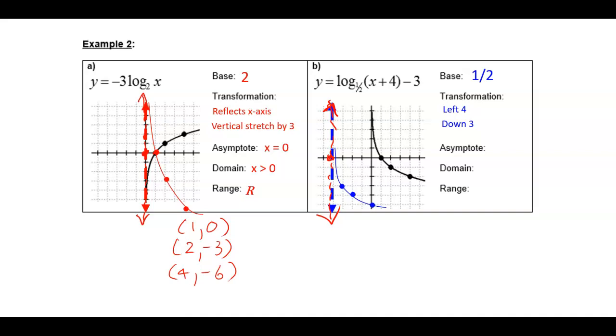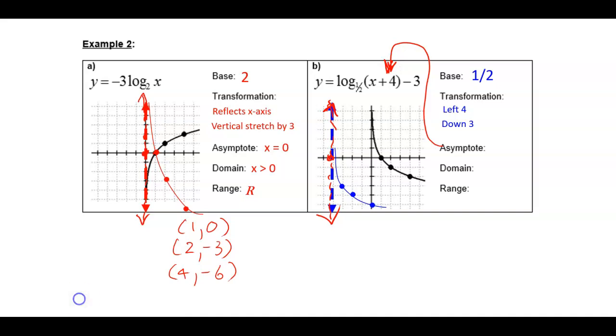The asymptote, again, the vertical asymptote. What do we always write for it? Just like the last time? X equals, but this time, since it moved to the left 4, where's my new vertical asymptote? -4, okay? So now for my asymptote, I'm going to look at the number on the insider, and remember it's a lie, okay?